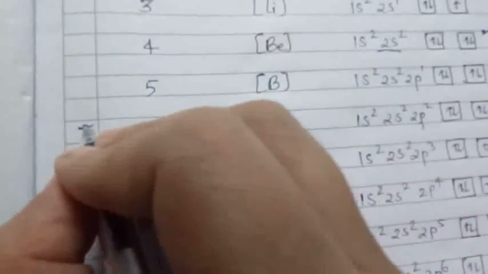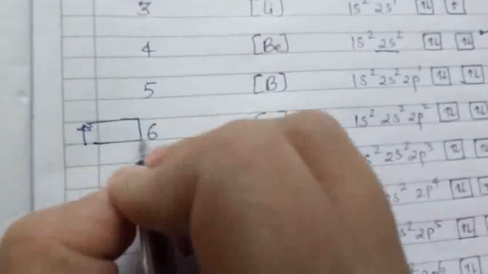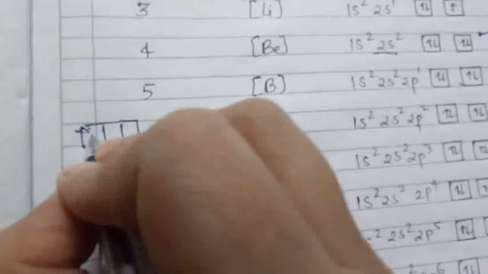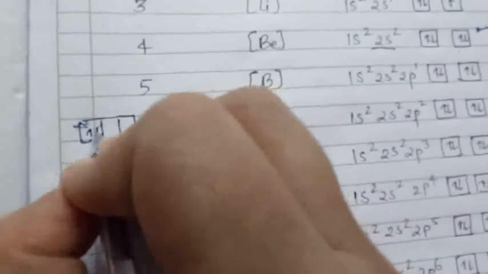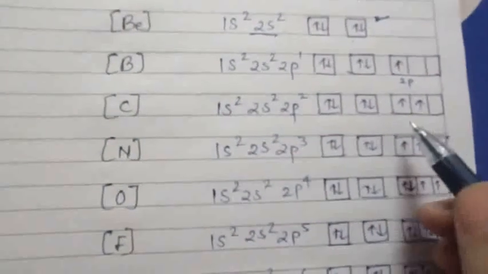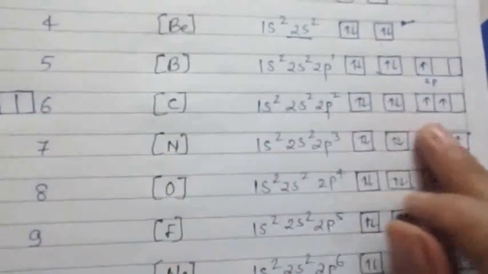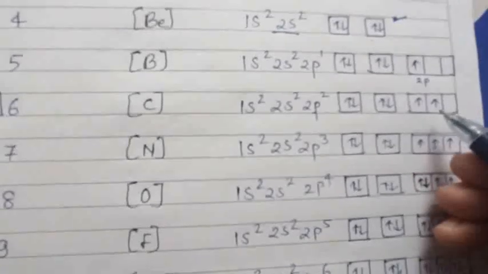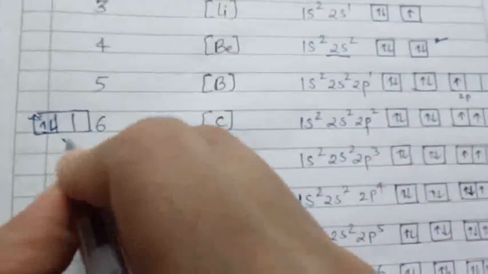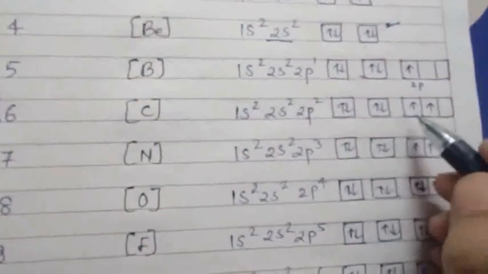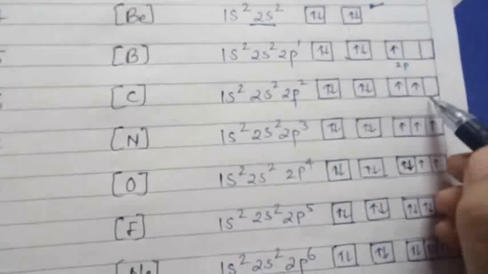For carbon, the configuration could have been drawn like this in 2p, with the fifth and sixth electrons paired. But it is drawn like this: one in the first box and the second in the second box. So here comes the application of Hund's rule: pairing of electrons will not take place until each orbital is singly filled.